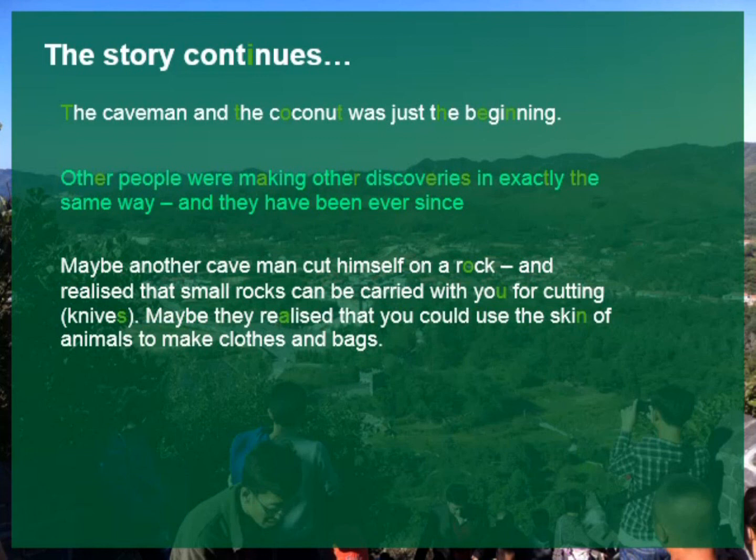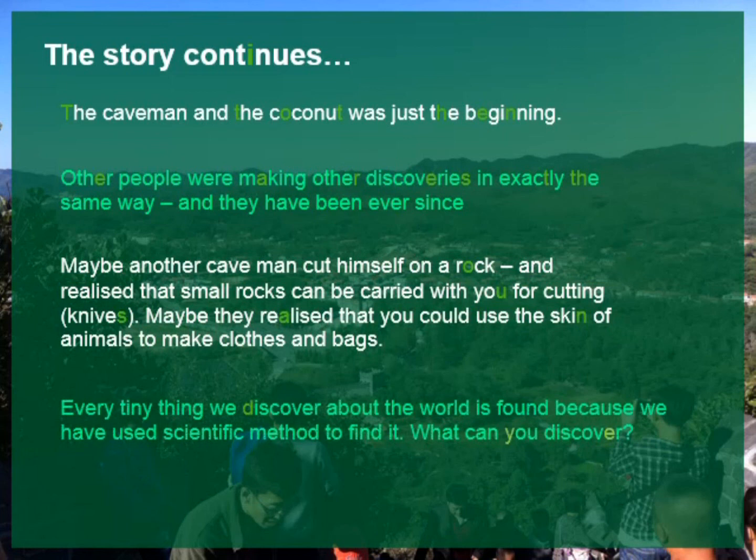So building on other people's work, they took the design and used it for something new. So every tiny thing we discover, every new way of doing things is in the end found because we've used some kind of scientific method. Sometimes more formal, sometimes less formal, but it's all the same method.